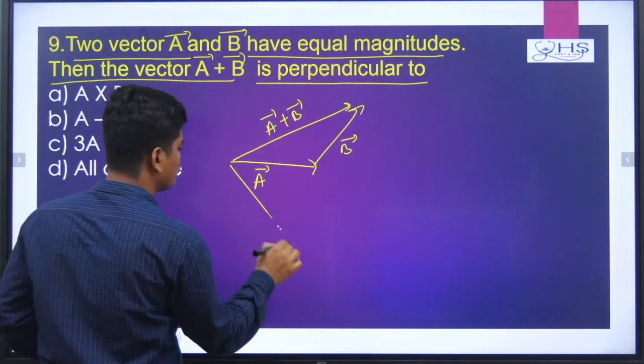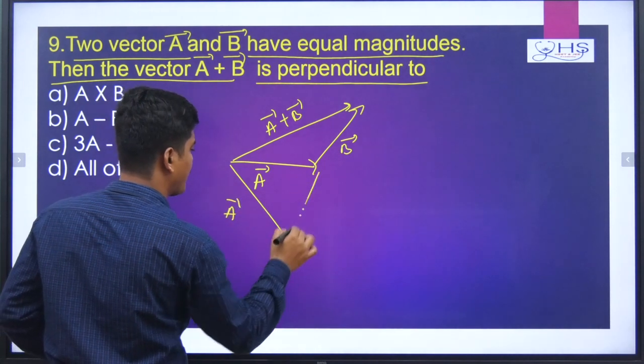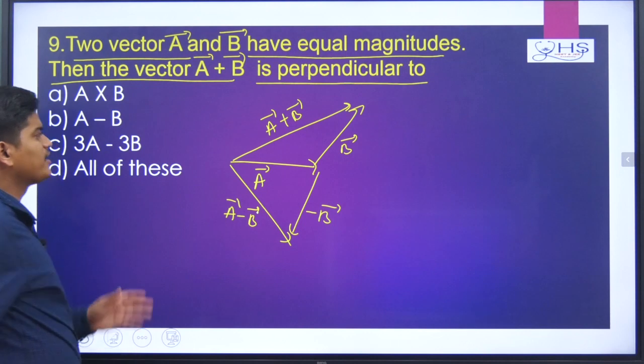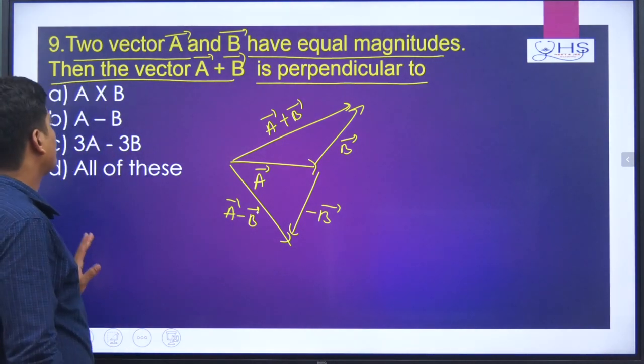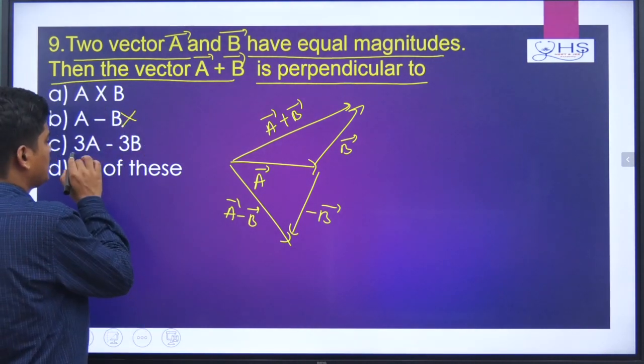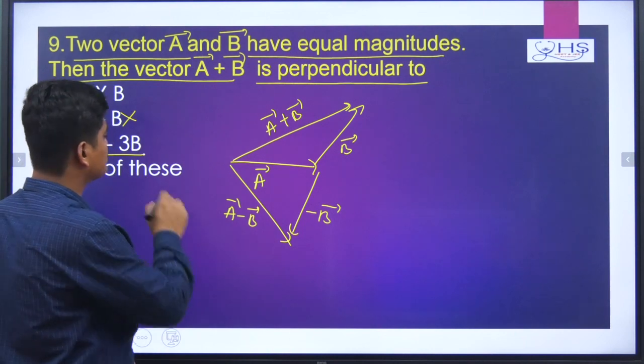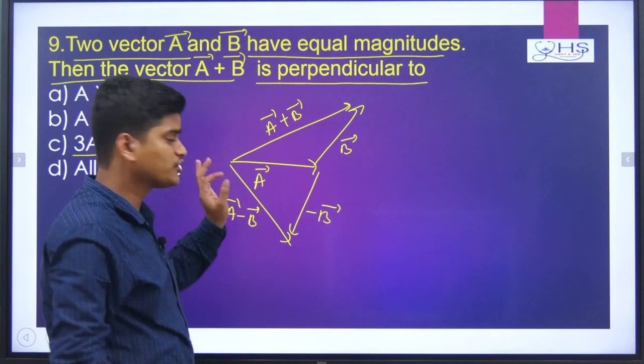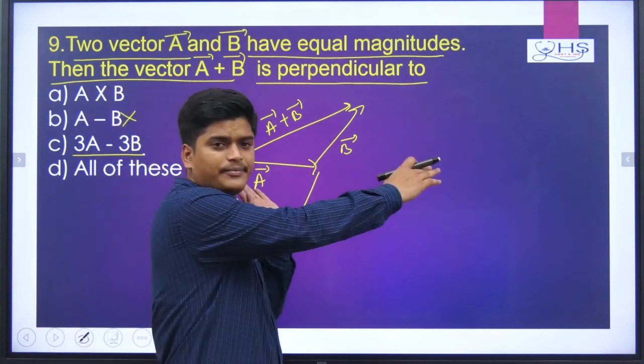Now this way will be A minus B, so this will be minus B, so this will be your A vector minus B vector. A minus B is also in the same plane. And 3A minus 3B means what? Just multiplication. If I multiply by 3, the vector will be magnified, that's all. If I multiply a constant with a vector, the vector will be magnified.